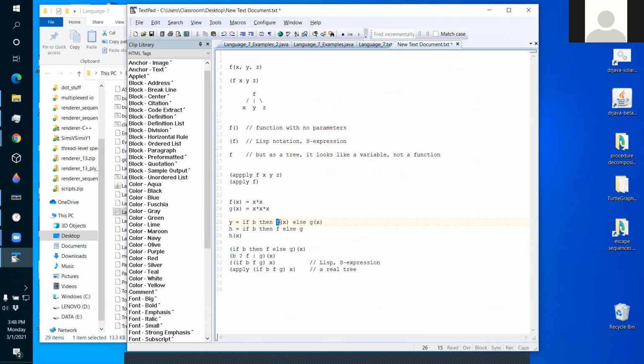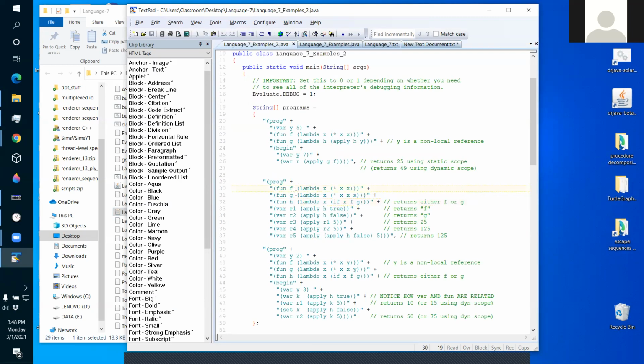There's some function f and some function g, and then h is either f or g. Then you want to call h of x. And that example is written here: define f, define g, h is either f or g, and then you can call h.